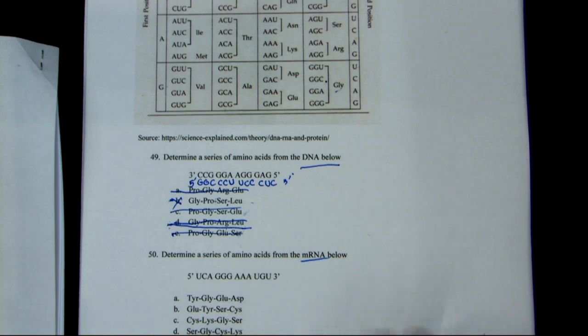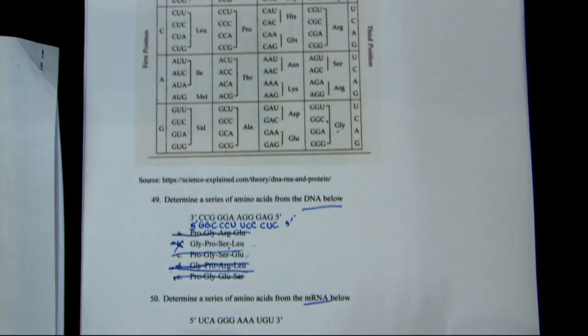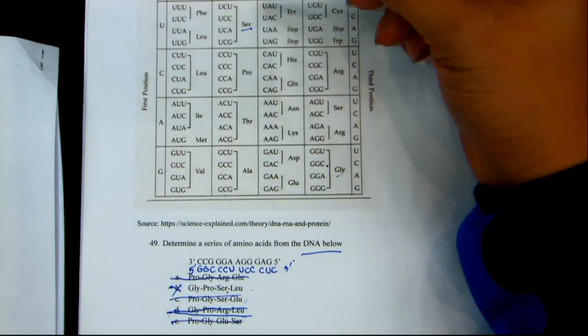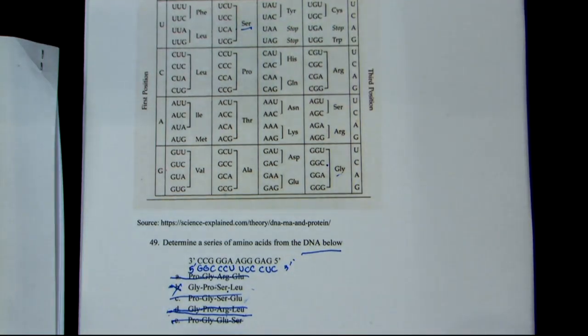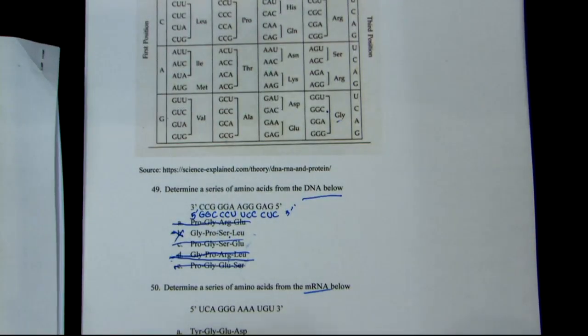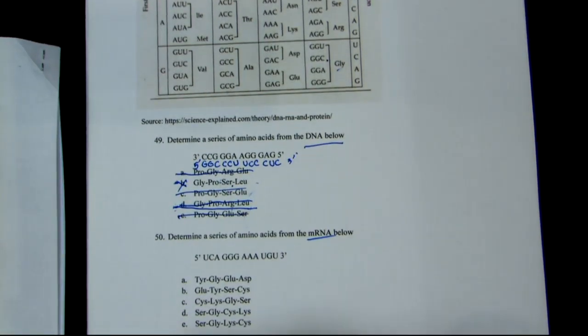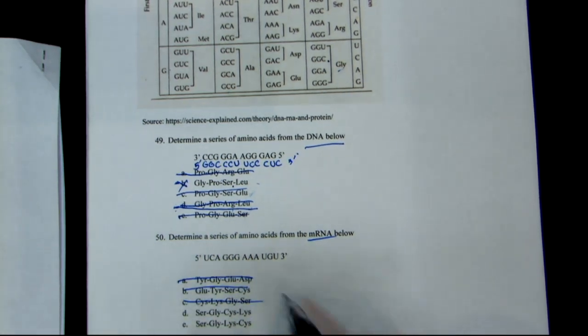We have UCA, start with UCA. UCA is this one, start with the Ser, right? So the first three are out.